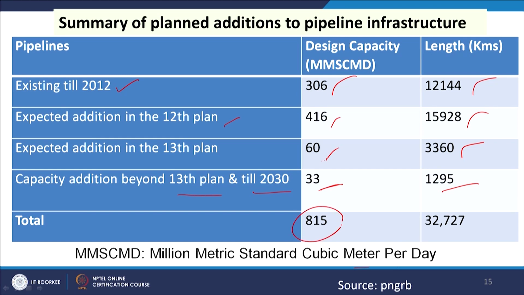So, a total of 815 MMSCMD capacity with 32,727 kilometers of pipe length is under proposal.